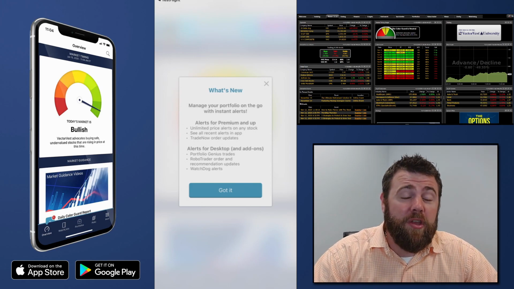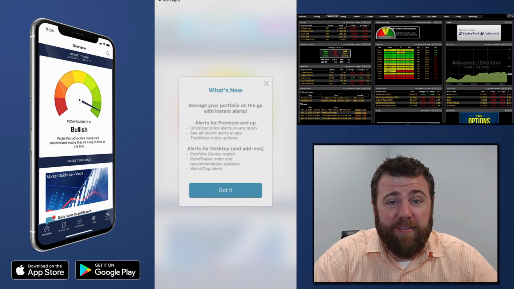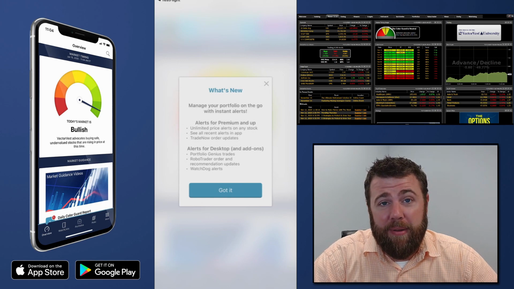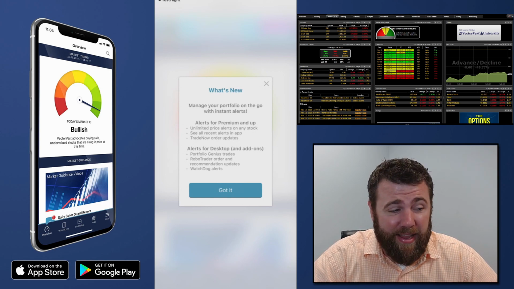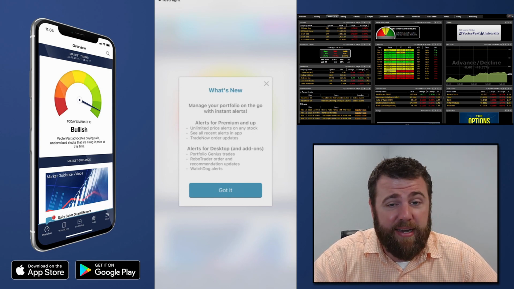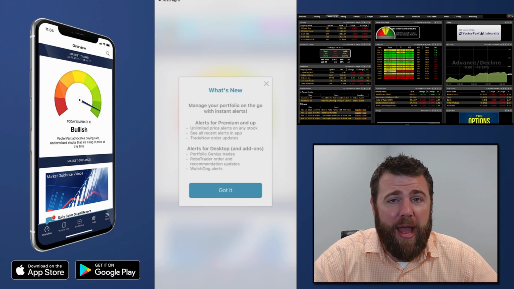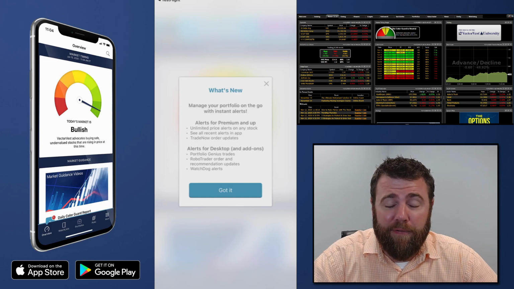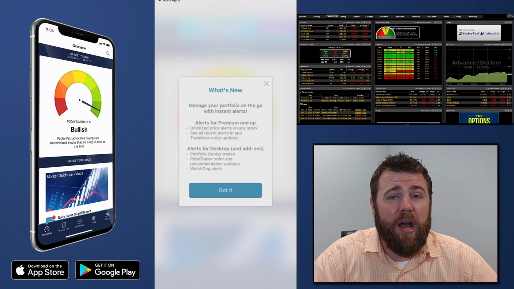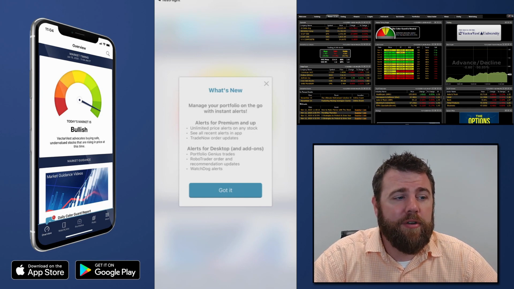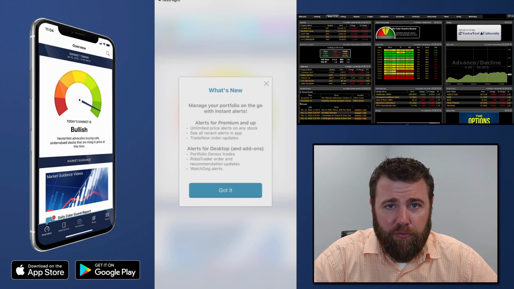But yeah, so hopefully you guys find this as powerful as I do, because I know I will definitely be using this a lot as I've been testing it. It is great. It is phenomenal if you're on the go. So that way you don't have to constantly sit there and watch your portfolio all day long. That's what we talk about week in and week out. This is what we're here for, is to help you reduce the time it takes to manage your portfolio.